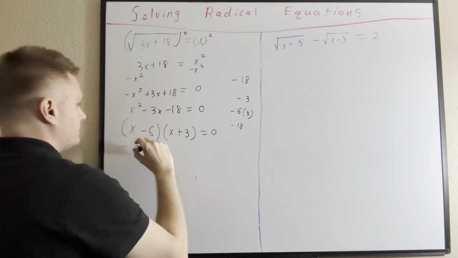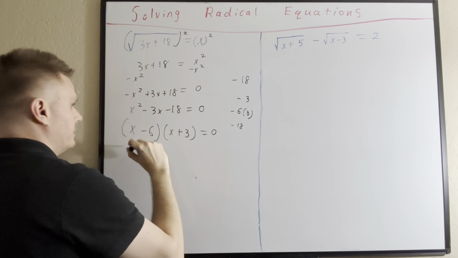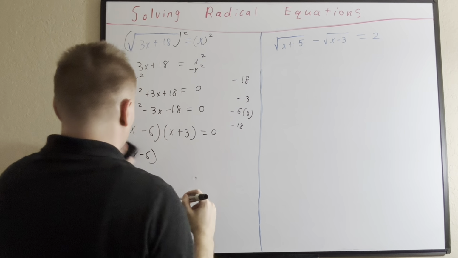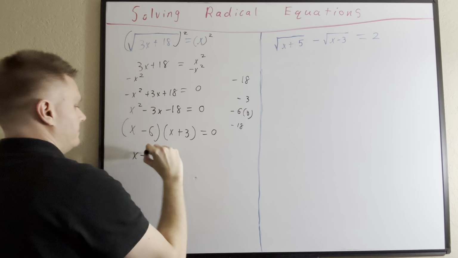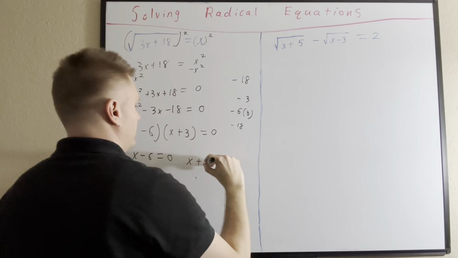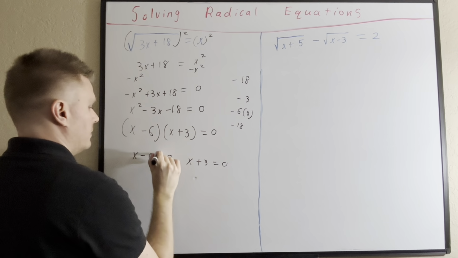So now we set both of those factors equal to 0 separately. x minus 6 equals 0, x plus 3 equals 0.